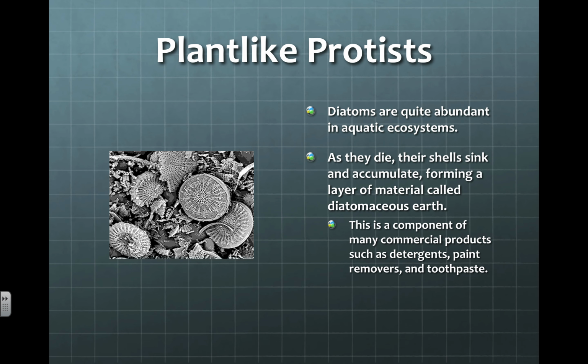Also, when they're painting cars for like stock car races or funny car races, they will paint them that pearlescent color, not just a flat color, but it's real pearlescent. And so a lot of times it's diatoms in there. So they have a wide variety of uses commercially and health-wise.